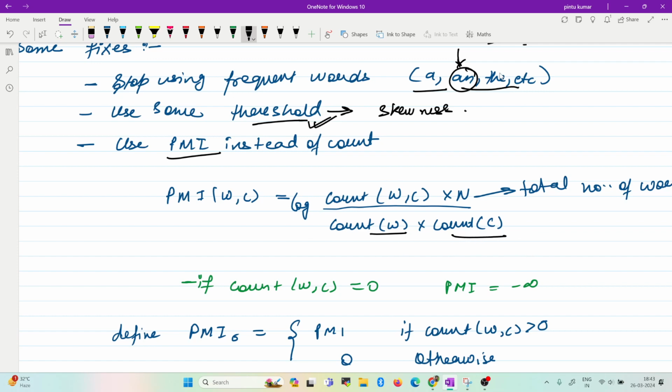If there is some frequently occurring word, for example, let's say A, then its count of W comma C would be high, but the count of that context would also be high. So this will normalize it, so it won't let it grow very high. That's why we would be able to avoid the skewness. Any doubt till this point?